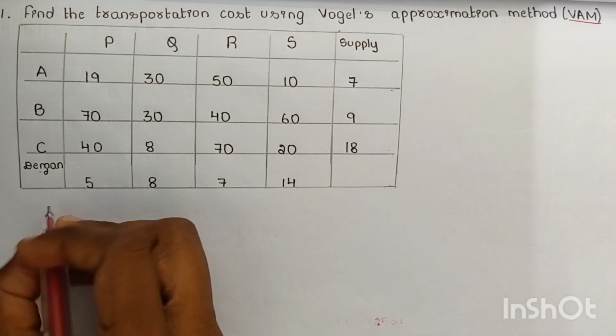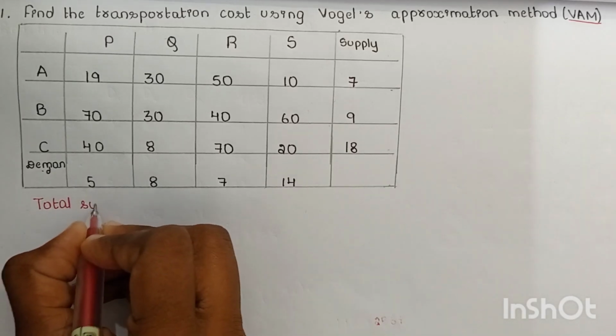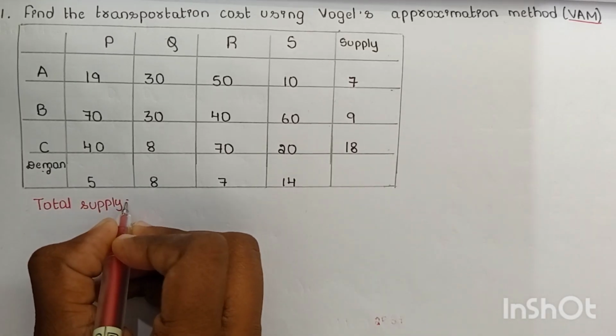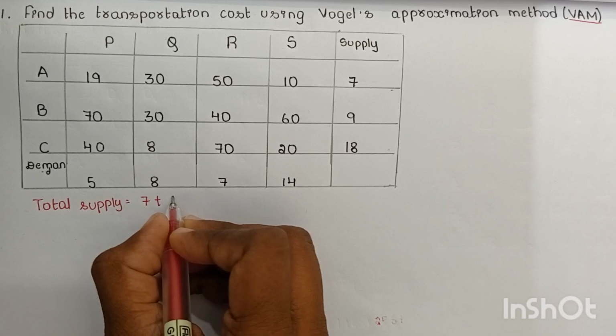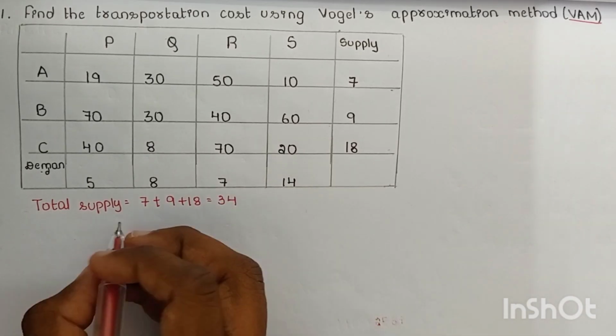So let's do the total. Total supply is equal to 7 plus 9 plus 18, which is equal to 34.